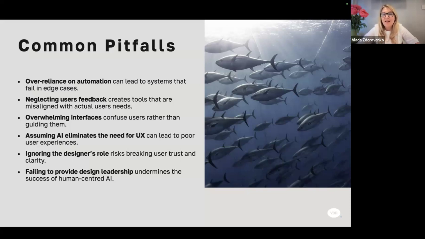But actually, they are learning not only on this part, but also based on what you copy, what you download. And this also can be a feedback loop for designers to understand what part of the system users are responding to, what they are using.